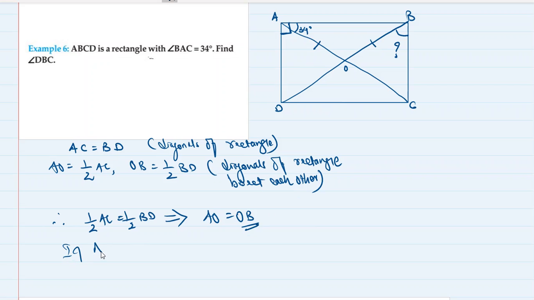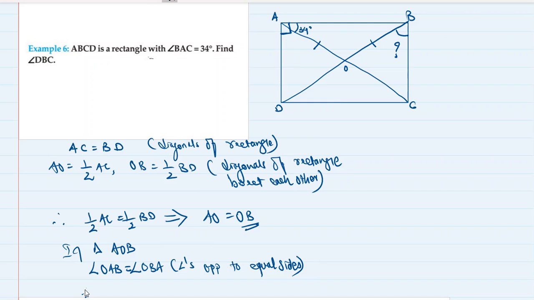So in triangle AOB, angle OAB will be equal to angle OBA. Angles opposite to equal sides are equal.